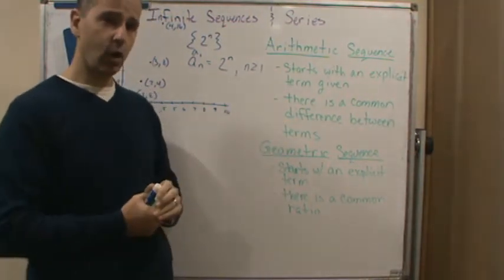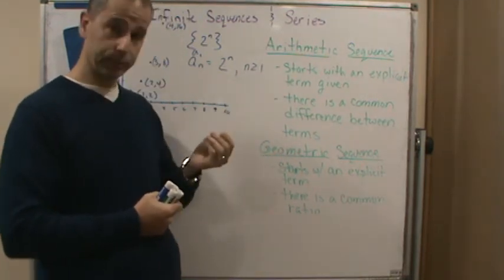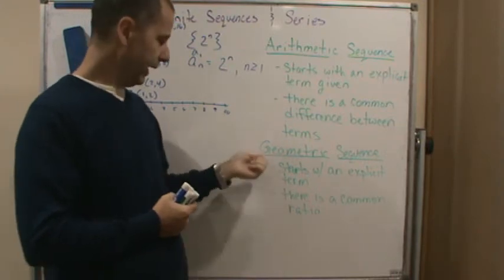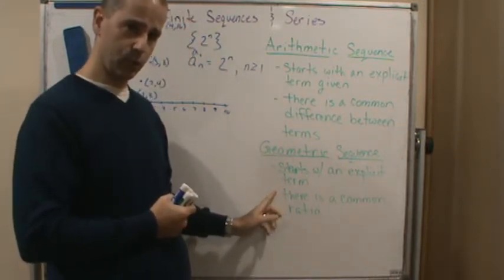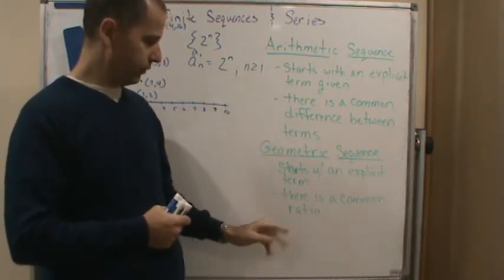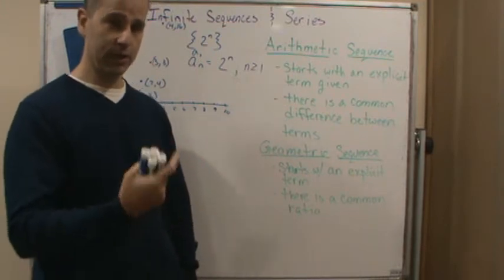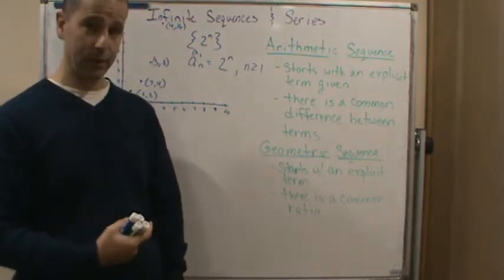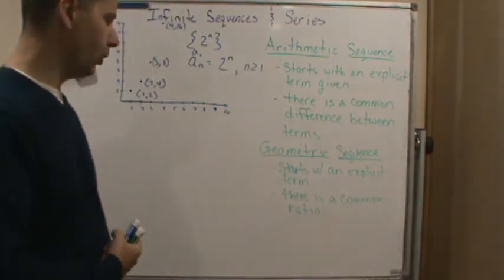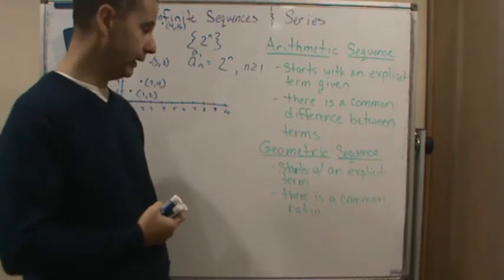If there's a common ratio, then you have a geometric sequence. You usually have a given starting term, and then the common ratio defines all the subsequent terms. These are the two common sequences that we're going to study and that will come up from time to time, that you're going to want to recognize.